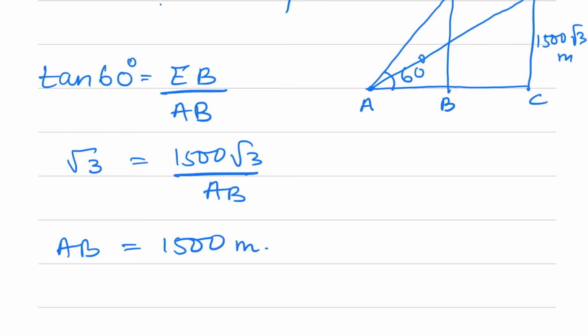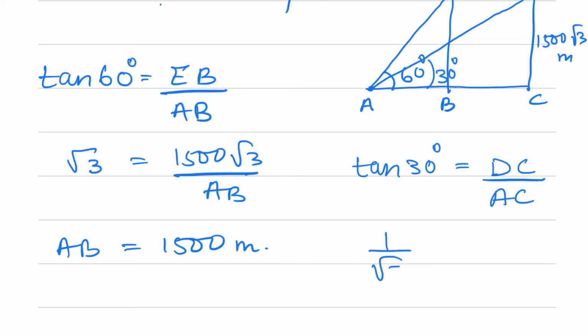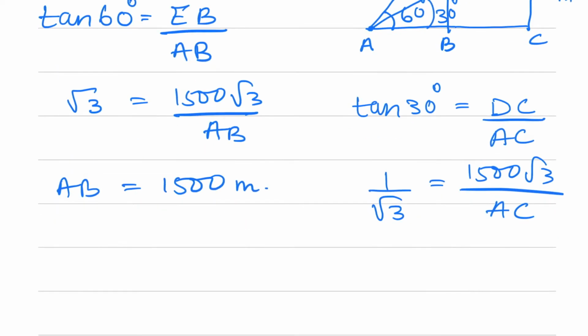Now let's find out tan 30 degrees. So tan 30 degrees is equal to DC by AC. So tan 30 degrees, 1 by root 3, is equal to 1500 root 3 by AC.